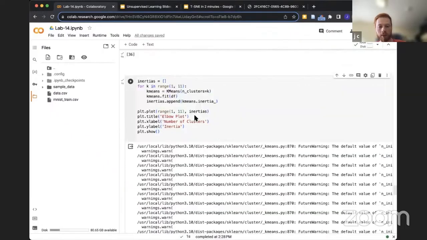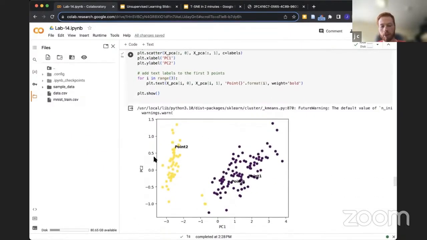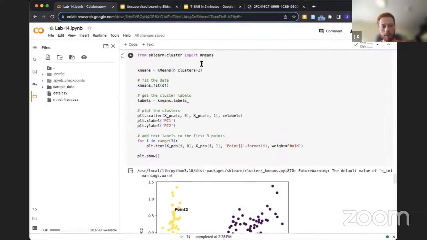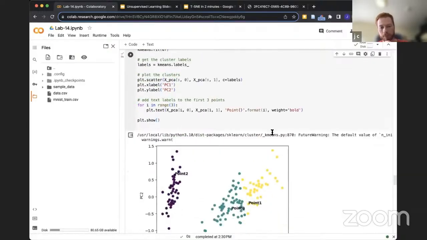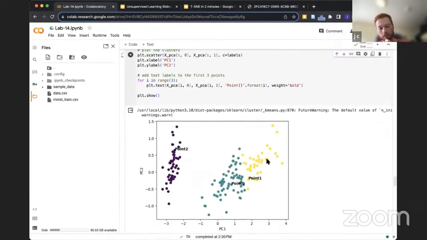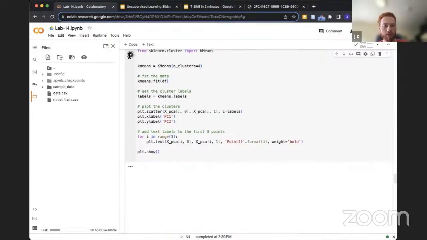So let's look at the individual results. This is with 2. Now we run it with 3. 3 clusters. Find this. And finally with 4. I don't think anyone said 5.